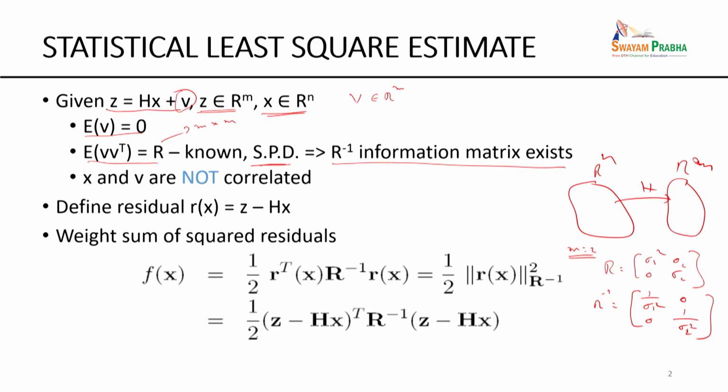That means if the variance is large, I have much less information. If the variance is small, I have more information. If I have more information about a particular quantity, I would like to give more emphasis to that quantity than to the one that contains less information. For example, when you have friends, some friends are more reliable than others.